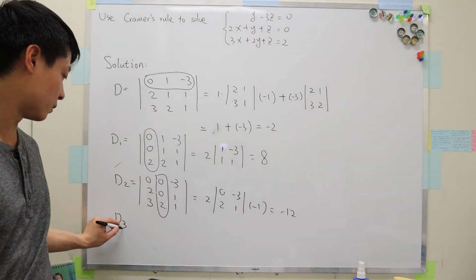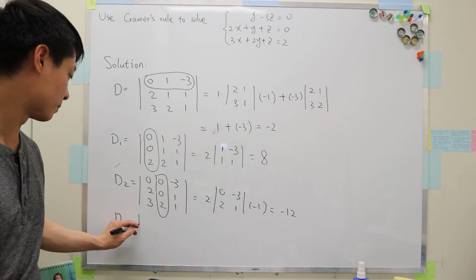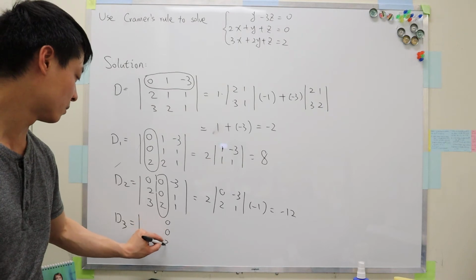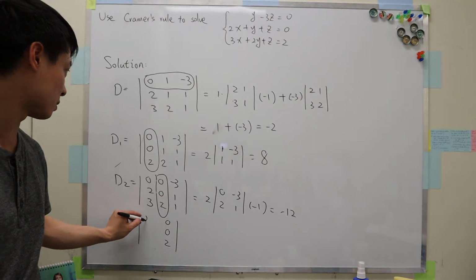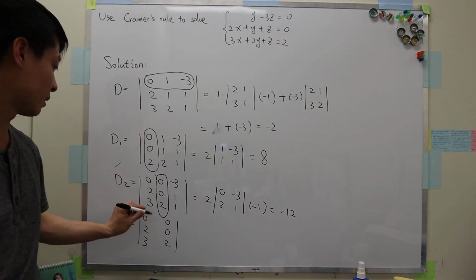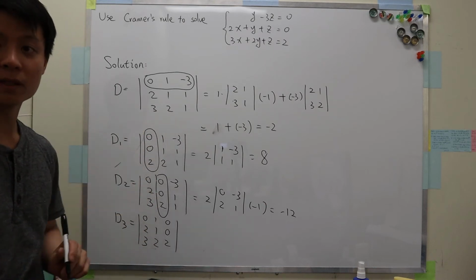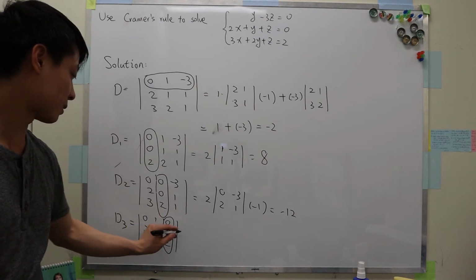And now we move on to find D3. This time we replace the third column with 0, 0, 2, and the rest of the things stay the same. So we have 0, 2, 3, same as this, and then 1, 1, 2, same as this. And now we expand along the last column.